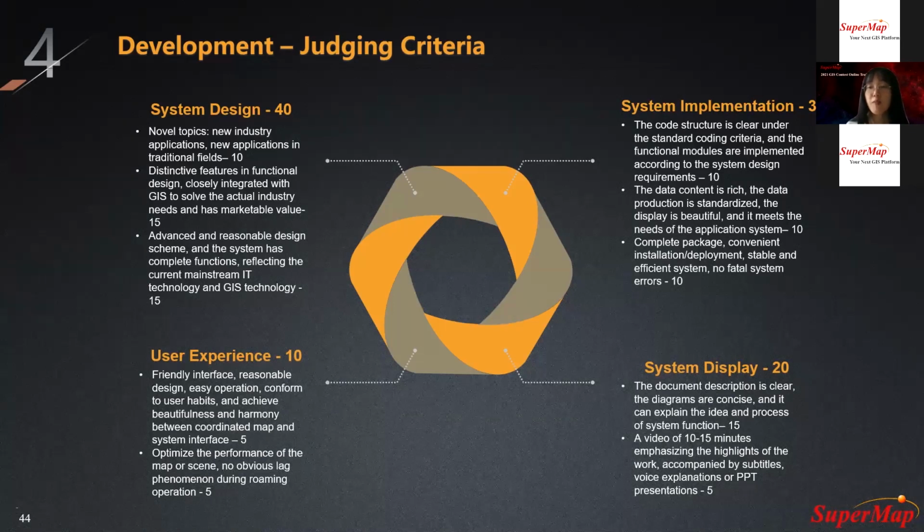And for system implementation, the first requirement is that you should have a clear structure of your code and use enough rich data to fully represent the problem you want to solve and the process of how to solve the problem. And after all the work is done, you should make them as a complete package and submit it to us.